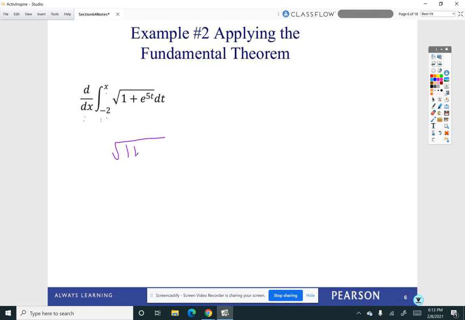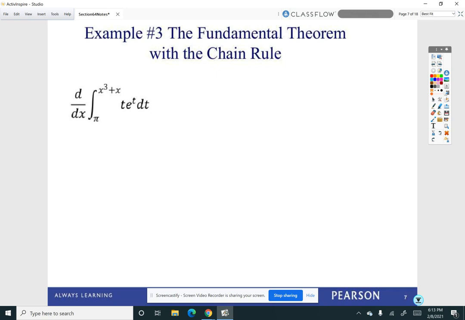So I get the square root of 1 plus e to the 5x. So it's a very straightforward theorem if you recognize what the question is asking. Now, of course, it gets harder because we have to sometimes apply some different rules to this.